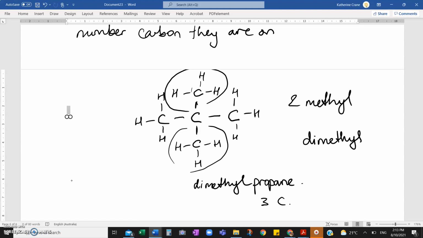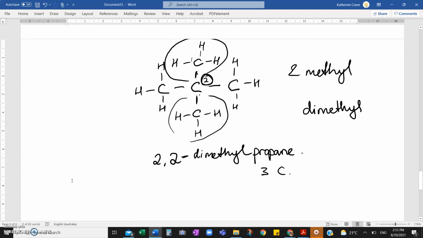We need to write down which carbon they're both on. So we need a number for each of them. Either end, this is the second carbon. So 2, because this one is on carbon 2, and the second one is also on carbon 2. So this is 2,2-dimethyl propane.